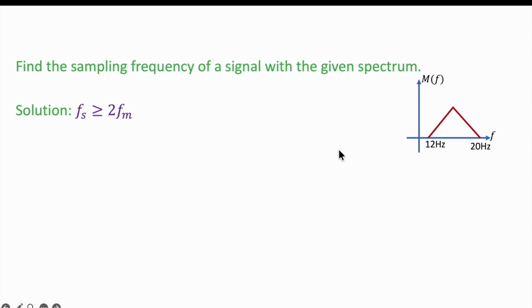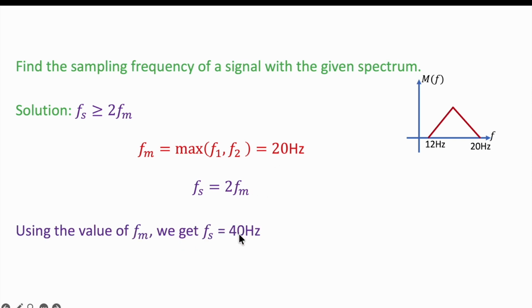We don't know f_m, but we can calculate it from this spectrum. f_m is the max of these two frequencies, 12 hertz and 20 hertz, which is 20 hertz. So f_s equals 2 times f_m, which is 2 times 20 hertz, equal to 40 hertz. The sampling frequency should be 40 hertz.